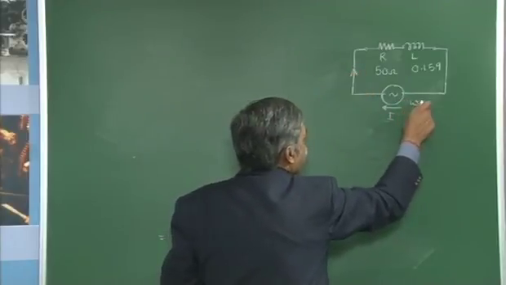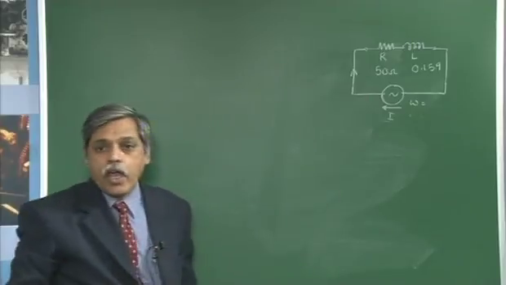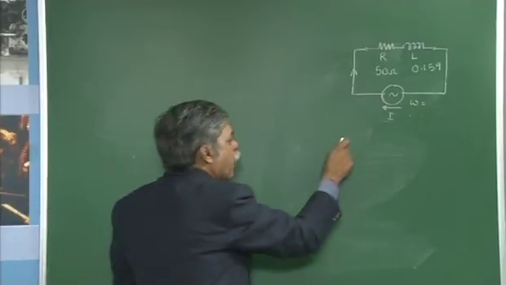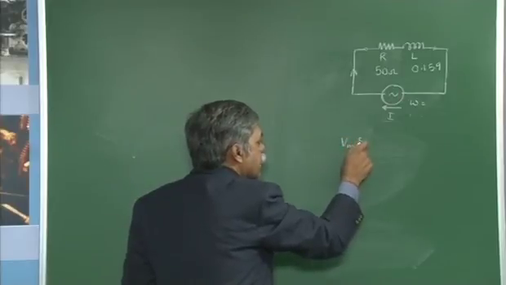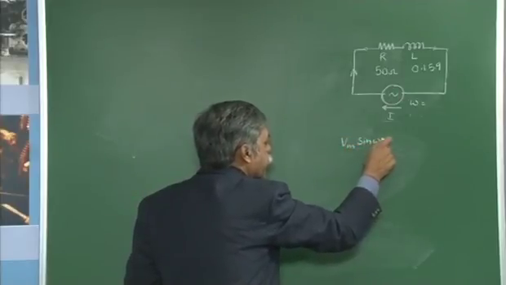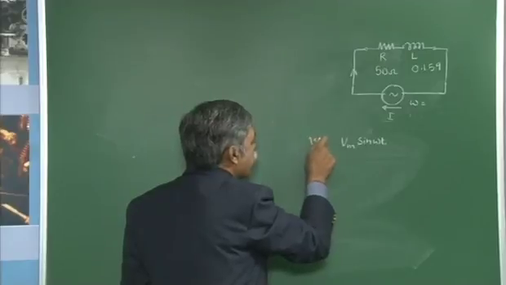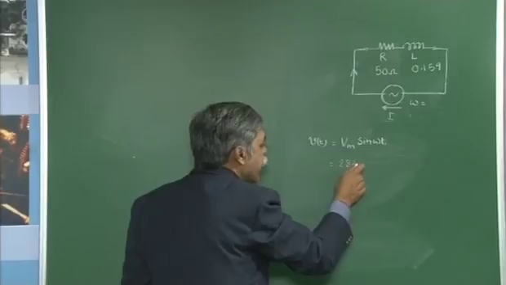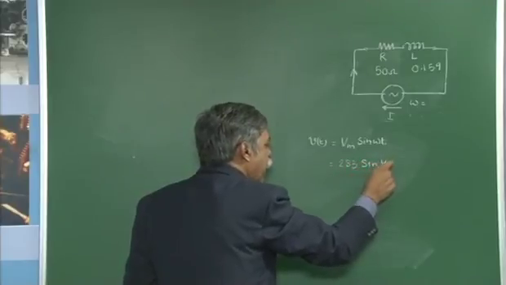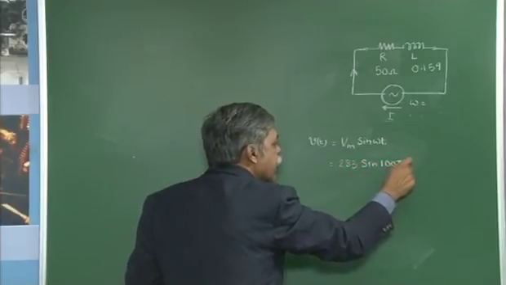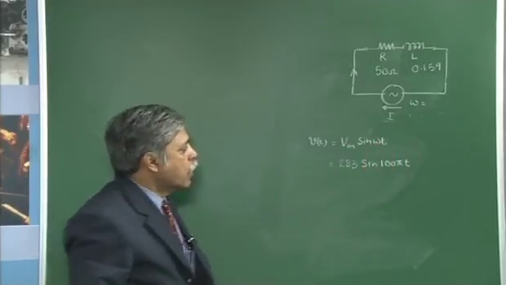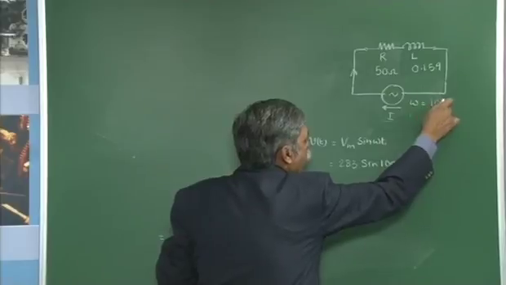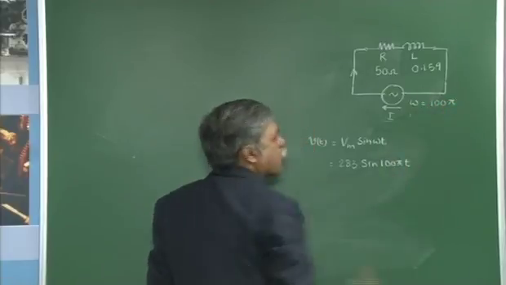The frequency of this, if I check with the problem, I have sin 100 pi t. Therefore, when I write Vm sin omega t as the instantaneous value, what I have here is 283 sin 100 pi t. So if I compare this, I have omega is equal to 100 pi, okay.